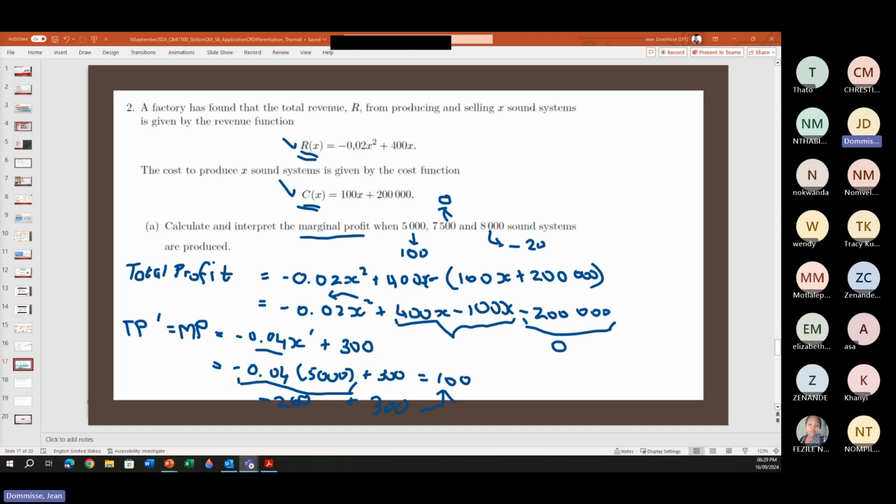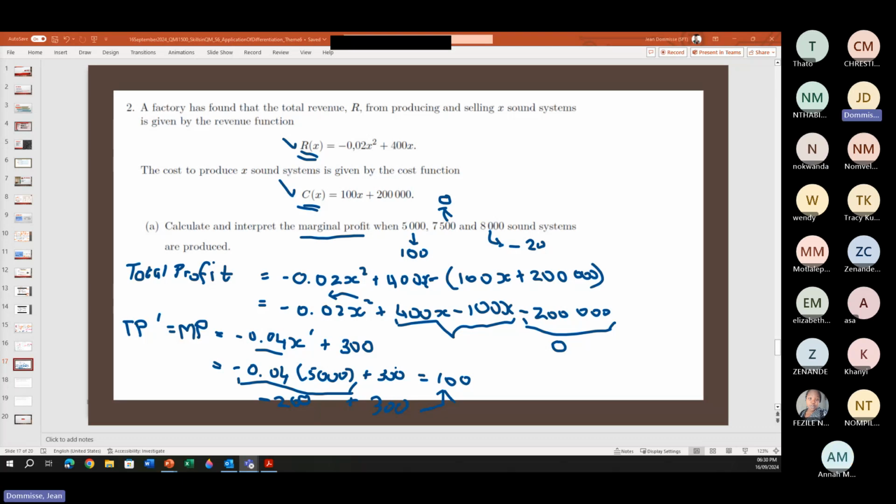Okay, and then what they could have asked you or given you as options in the exam is to give you a few marginal profit equations, and they might have given you just one of the marginal profits to calculate with one quantity. Because they can't ask you in your exam, where it's multiple choice, to interpret.